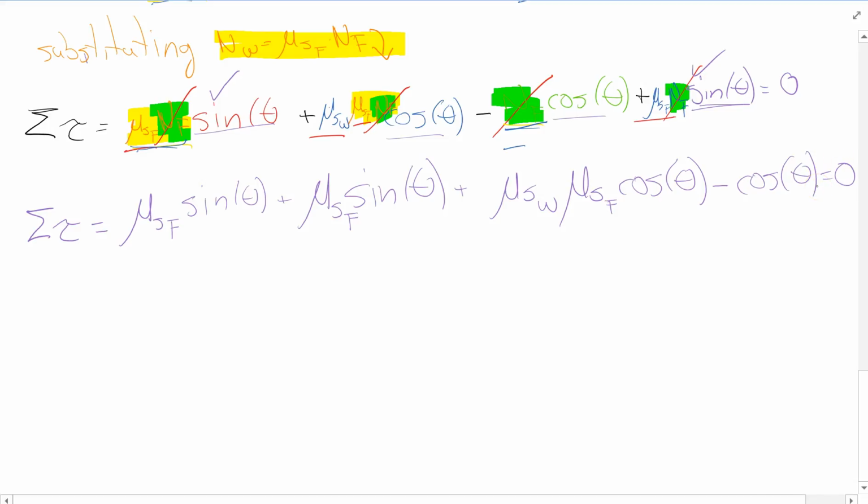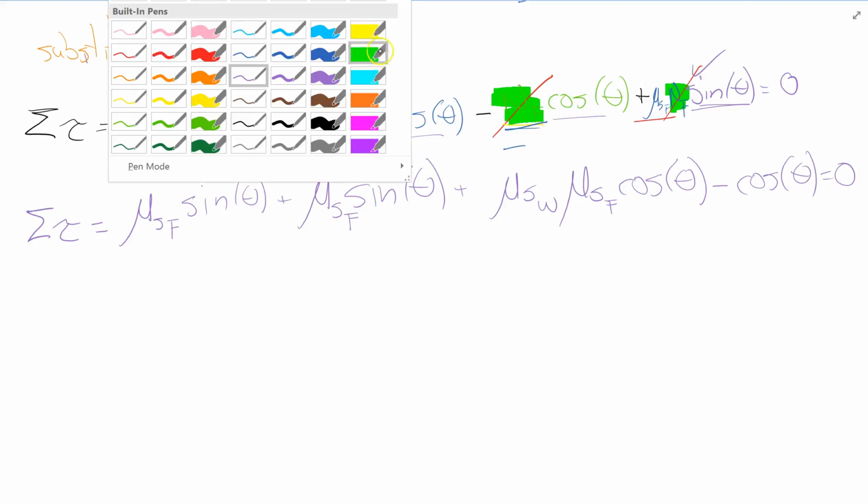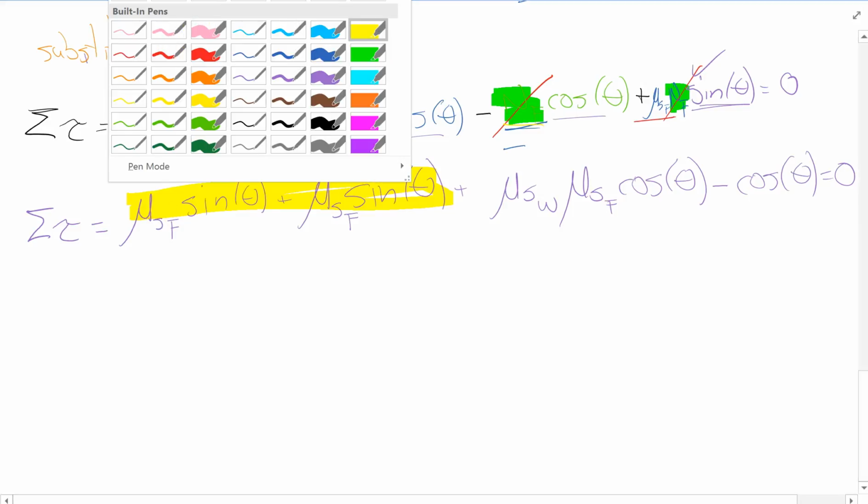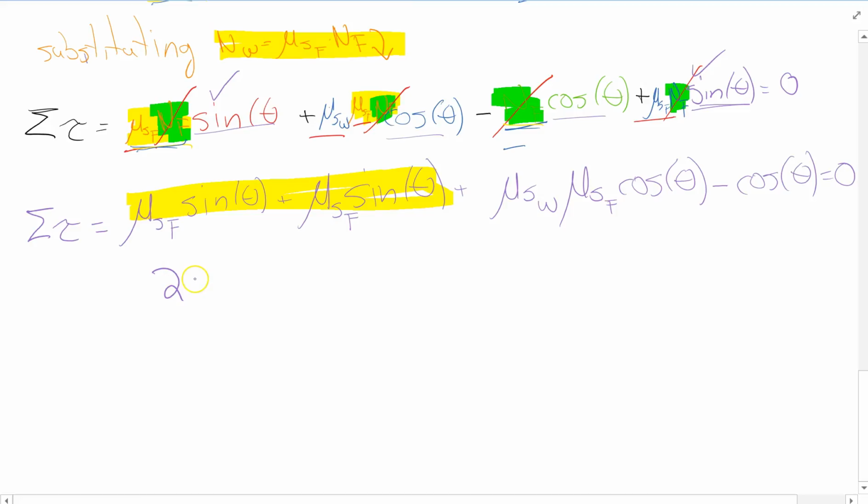All right, well, here in this first section, this first piece here, they both share a sine theta, and actually they both share a mu static from the floor, so this will turn into 2 mu static from the floor sine theta, which is nice.